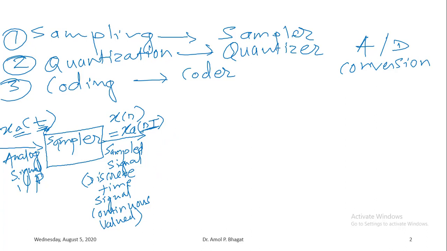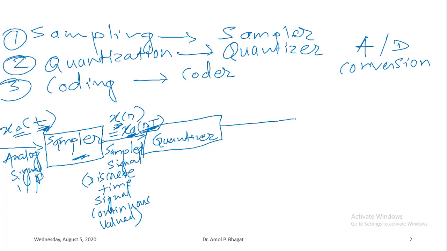The output of the sampler is denoted as x(n), which is a modification of the analog signal where the independent variable small t is replaced with nT. This signal is applied to the next device, the quantizer, which performs the quantization process.